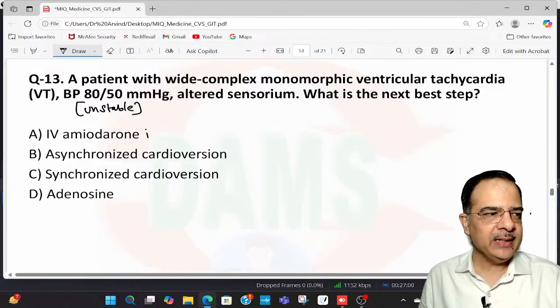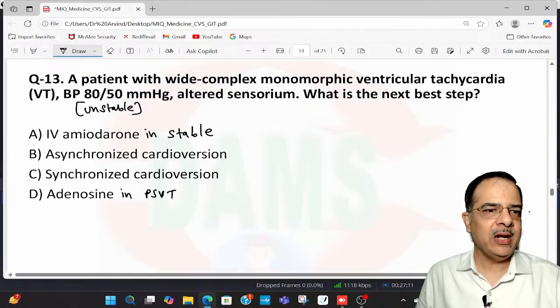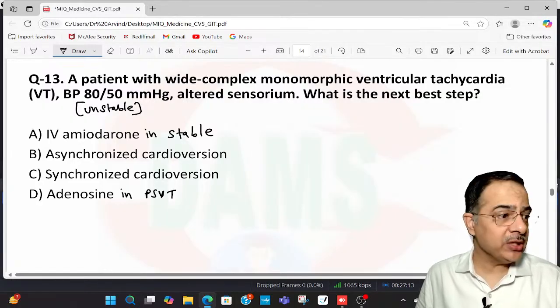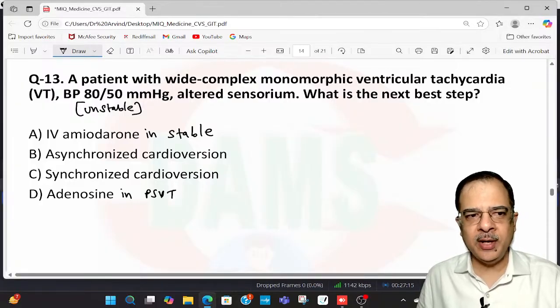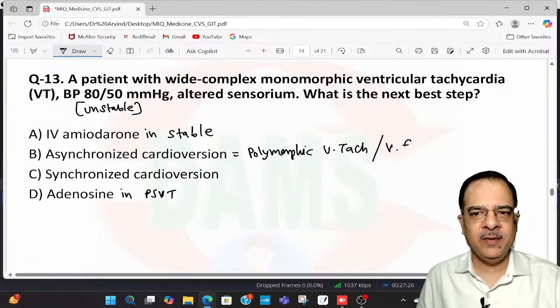So what will you do? IV amiodarone is given in stable patients. Adenosine is given in PSVT. So we are left with two options, asynchronized or synchronized cardioversion. Know this point: asynchronized is given for polymorphic VTAC, or for VFib and VFlutter.